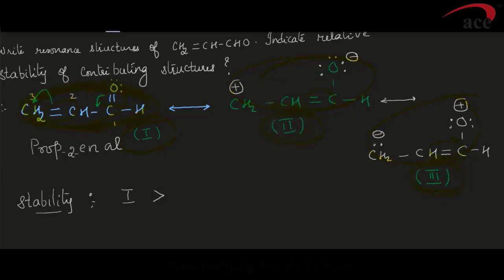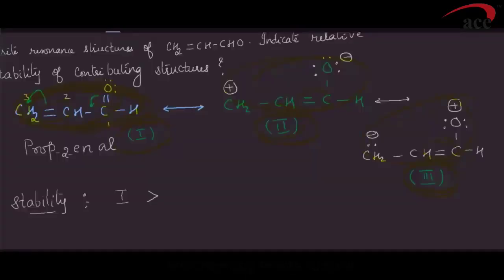How will we analyze it? Now students, one of the conditions for resonance is, if you have charged structures, the more electronegative atom should hold the negative charge. If the resonating structures have the same number of bonds, then the neutral one is more stable. But if both are charged, the more stable structure is the one in which the negative charge resides on the more electronegative atom.